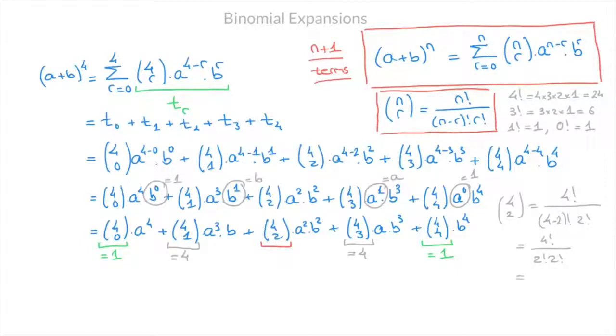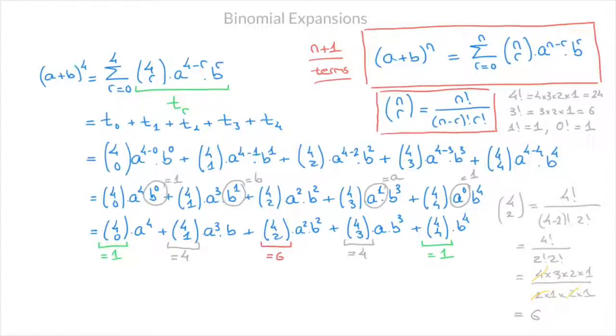In turn, this is equal to 4 times 3 times 2 times 1 over 2 times 1 times 2 times 1. And simplifying this as much as possible, we see that we have 2 times 2, which cancel out with the 4. And so we're simply left with 3 times 2 times 1, which is 6, over 1 times 1, which is 1. So this binomial coefficient equals 6 divided by 1, which is equal to 6. And we now know the value of this middle binomial coefficient.